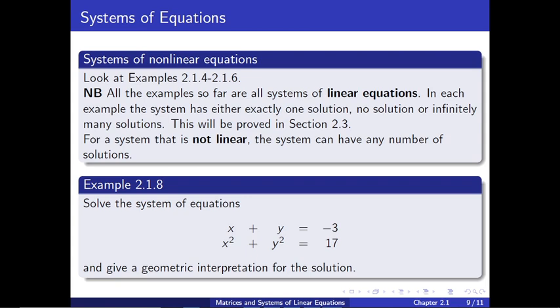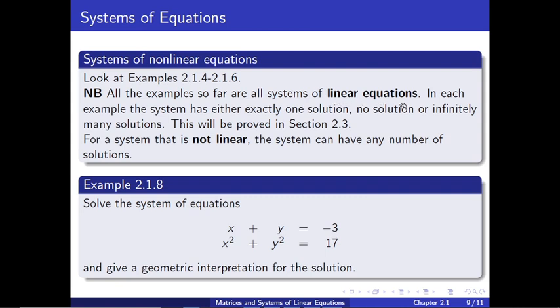So we had three scenarios: one where we had one solution, the other was where we had no solution, and the last one we had infinitely many solutions. And this is actually a result for systems of linear equations.